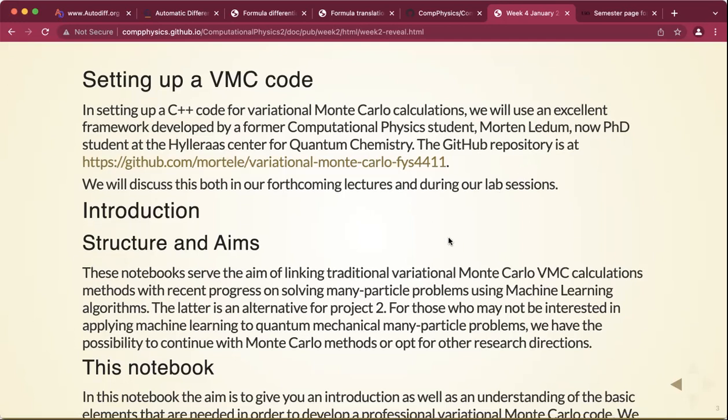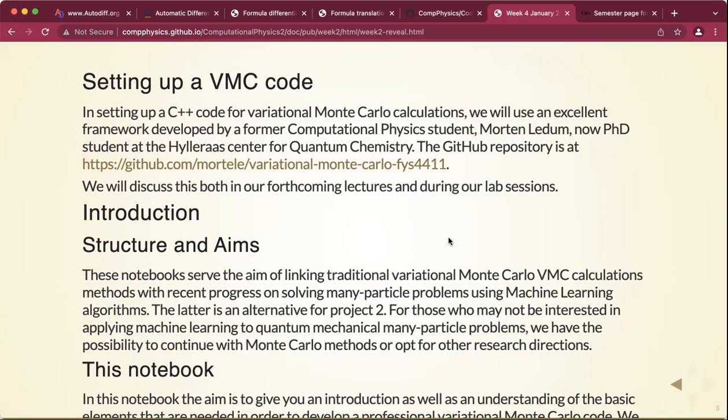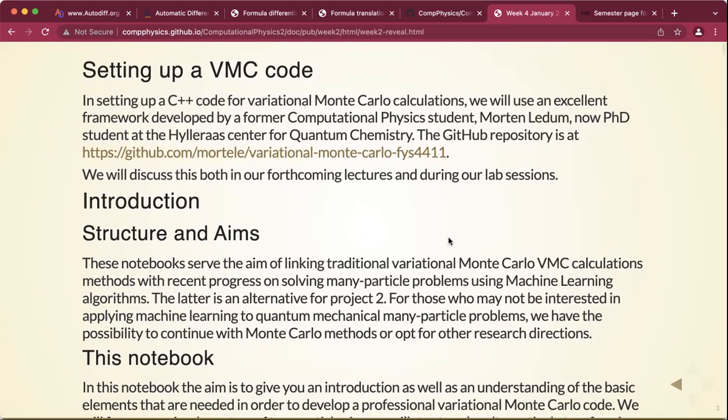So the notebooks, which we are going to go through a little bit now, serve to give you the basic elements in a Monte Carlo calculation. And we are going to start with the simpler problem, which we have in project number 1, which is a system which is trapped in a harmonic oscillator potential.